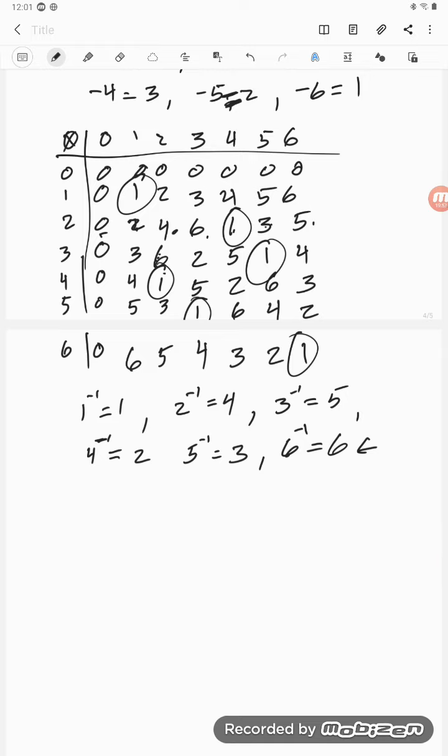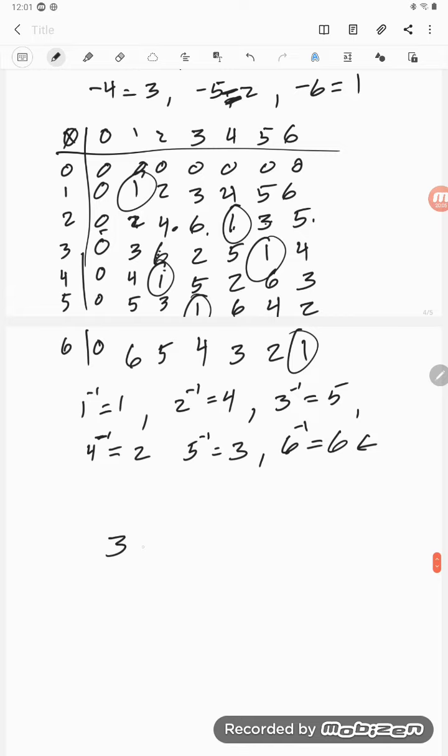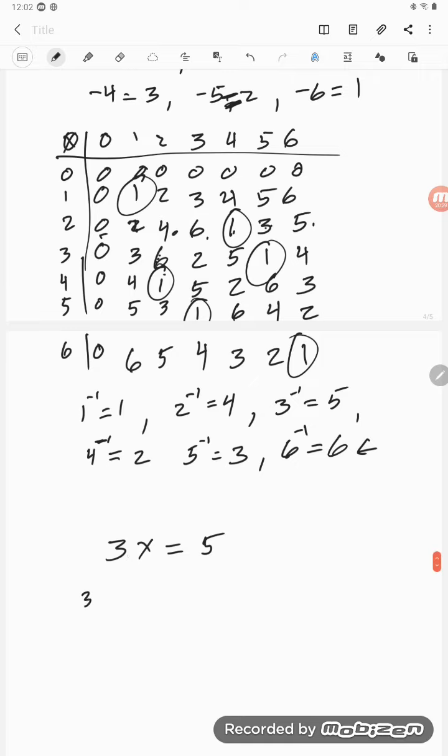And now suppose you had an equation that you wanted to solve, something like 3x equals, and we need a number between 0 and 6 here, so let's go with 5. The way I would solve this is I need to multiply both sides by the multiplicative inverse of 3.